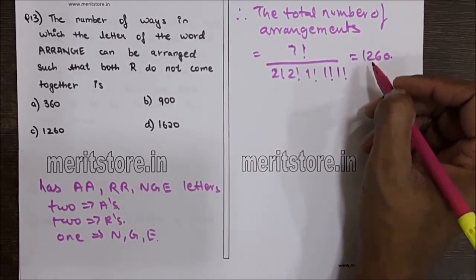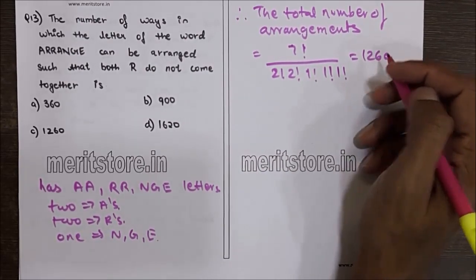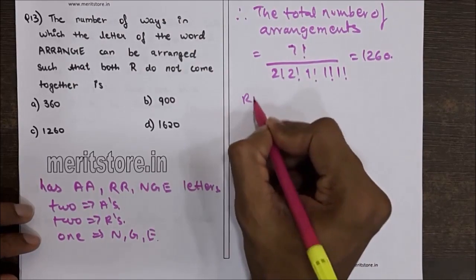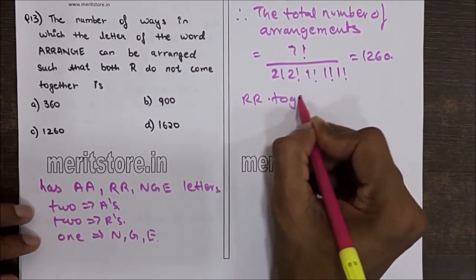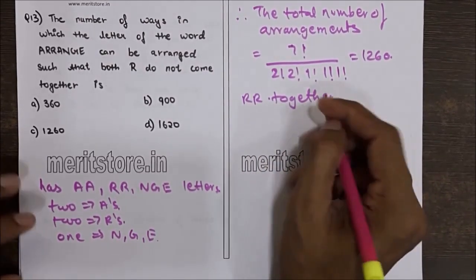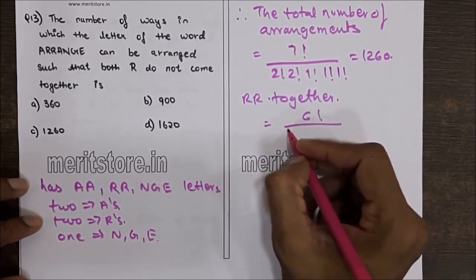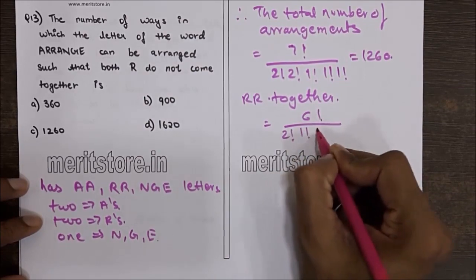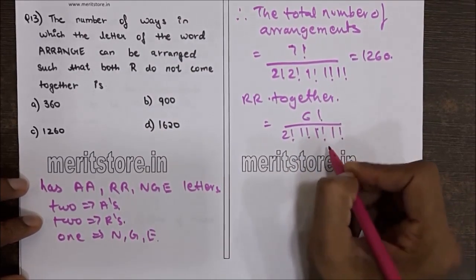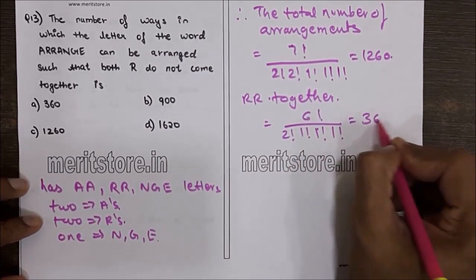But the number of arrangements in which both R's are together, treating them as one unit, can be written as 6 factorial upon 2 factorial, 1 factorial, 1 factorial, and 1 factorial, which is equal to 360.